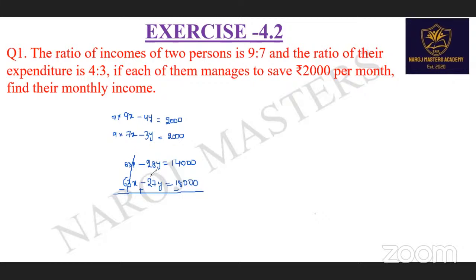Minus 28y plus 27y, so again this is minus y. And 14,000 minus 18,000 is minus 4,000. So minus and minus get cancelled. y is equal to 4,000.